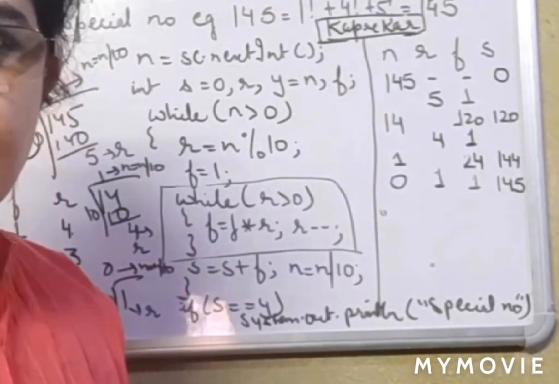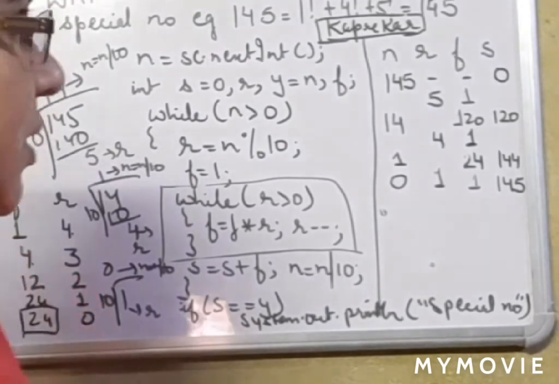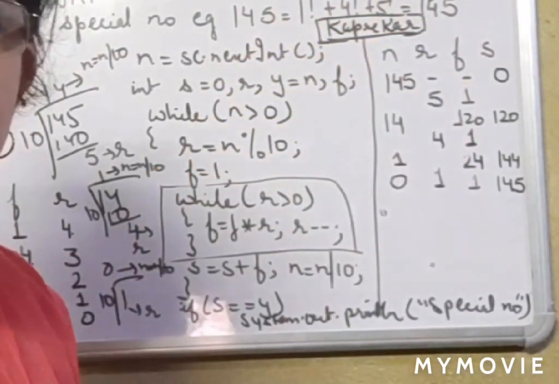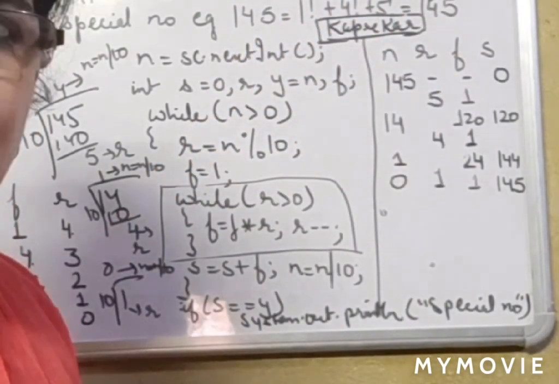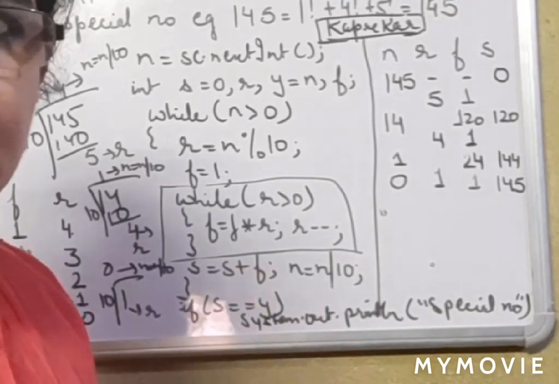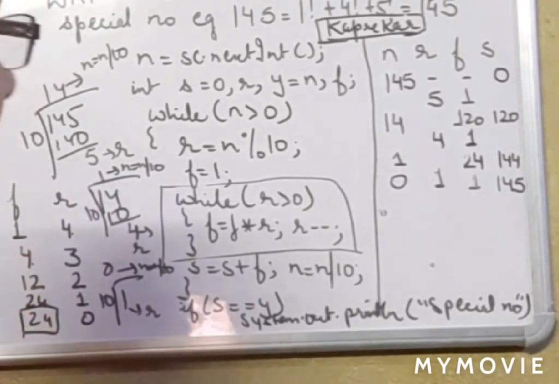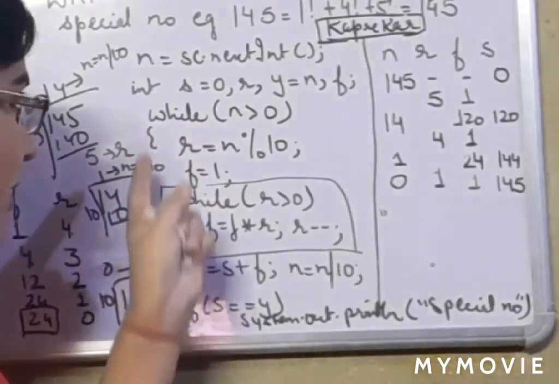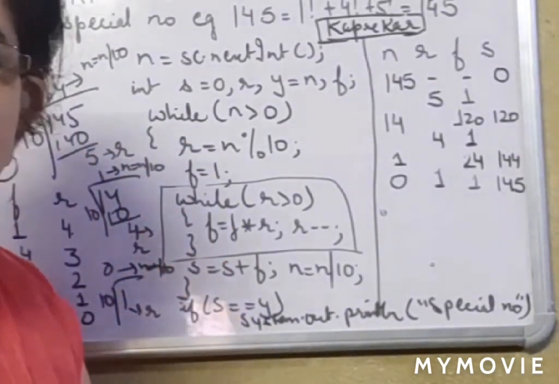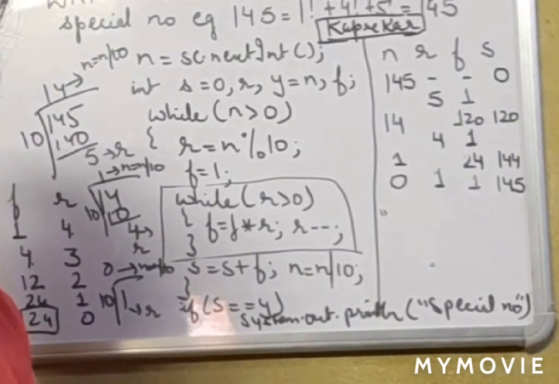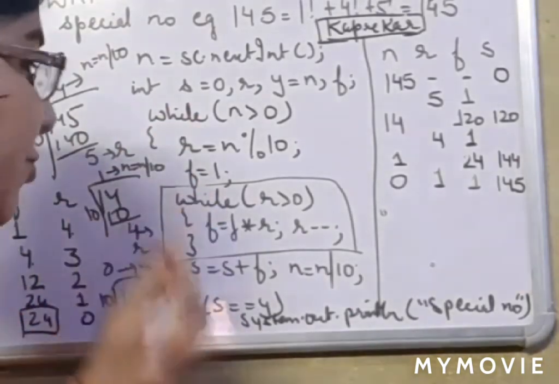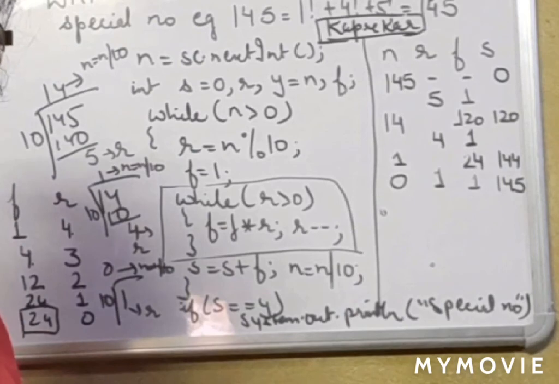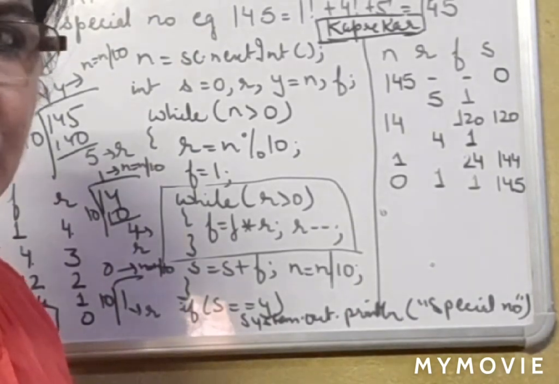No matter what the name of the number is, just have a look at the logic and try to apply whatever you have learned, like calculating the factorial. And you do not have to be confused, because within while you can use as many whiles as you want. Now here we have used one more while within the outer while in order to calculate the factorial of the number.